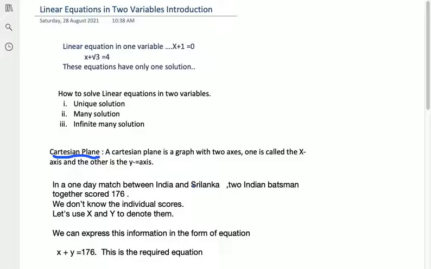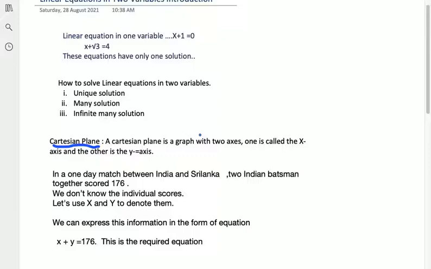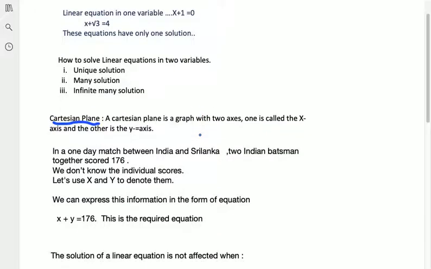Let's take a simple example. In a one day match between India and Sri Lanka, in a cricket match, we noted that two Indian batsmen scored a total of 176. In this case, we don't know the individual scores, and we're going to represent them in an equation.